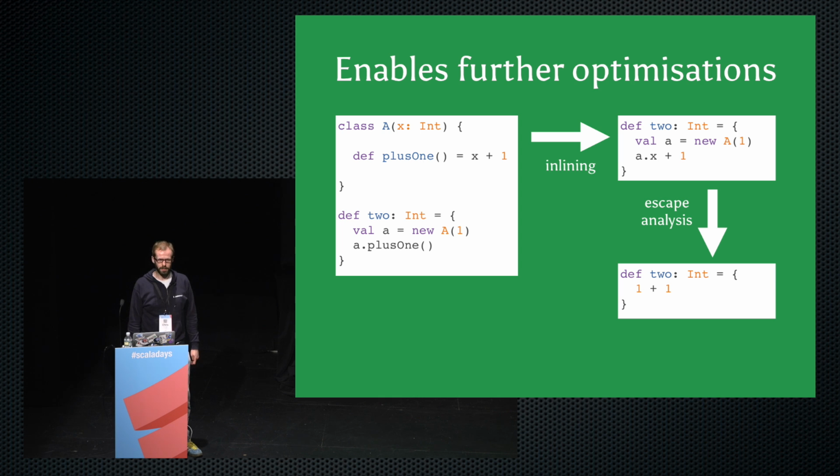You can get rid of the function call to +1. Just replace it with X + 1. And then as soon as you've done that, Hotspot's escape analysis can kick in, realize that you didn't even need to allocate a new A. You can just reduce the whole thing down to 1 + 1, which is obviously trivial. And I guess Hotspot would also realize that 1 + 1 is equal to 2, so it would probably optimize even further.